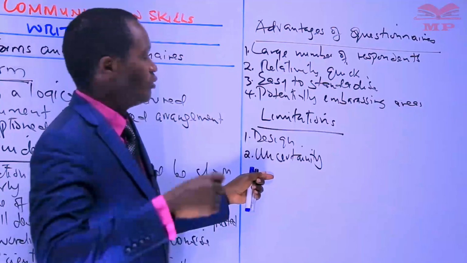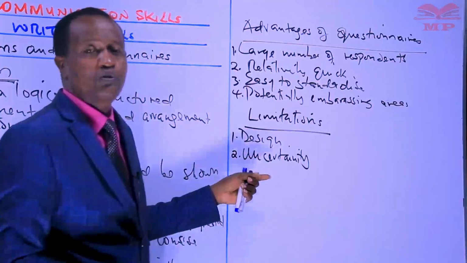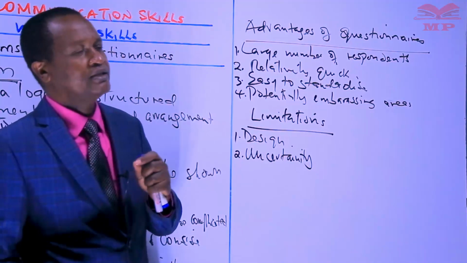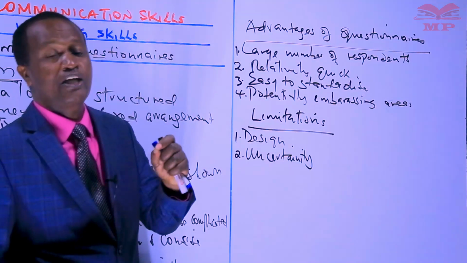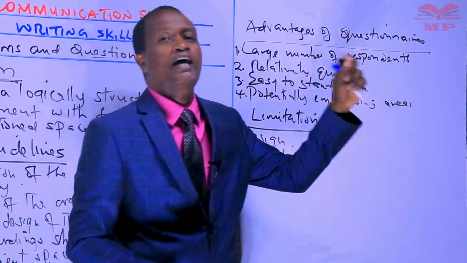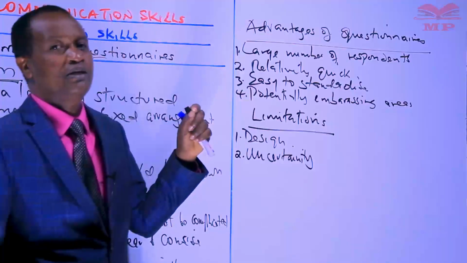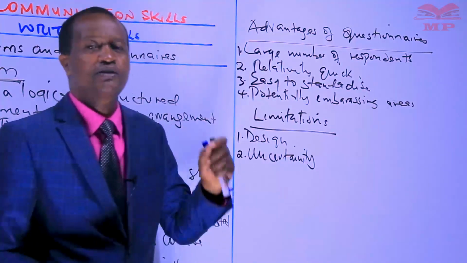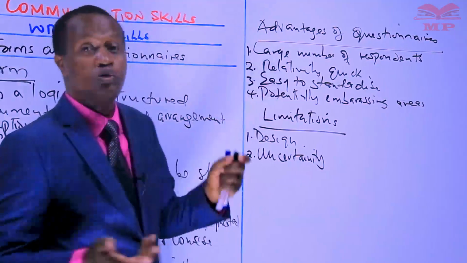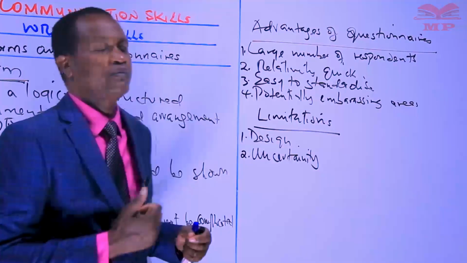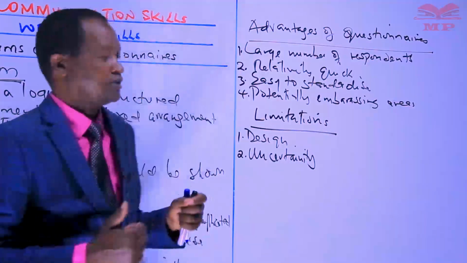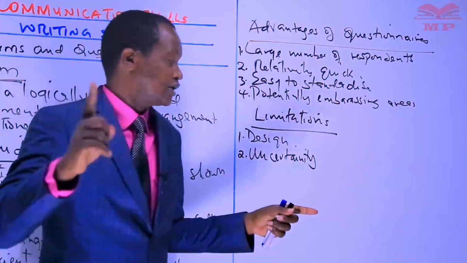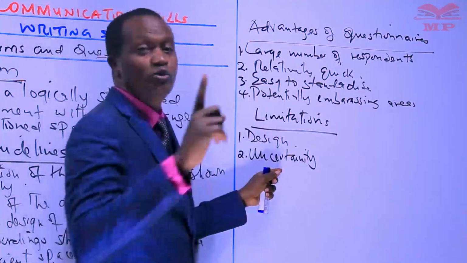For example, where the researcher wants information from, say, accountants, and he emails the questionnaire or sends it via post office to the accountants. Then the disadvantage here is that the one who fills the questionnaire could be the accountant's wife or the accountant's husband.